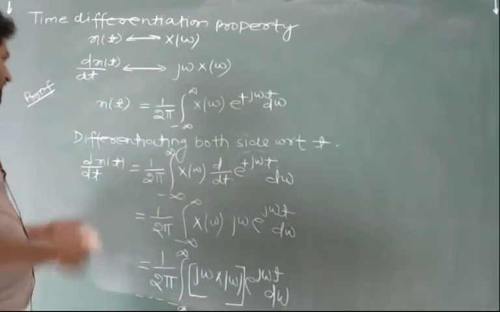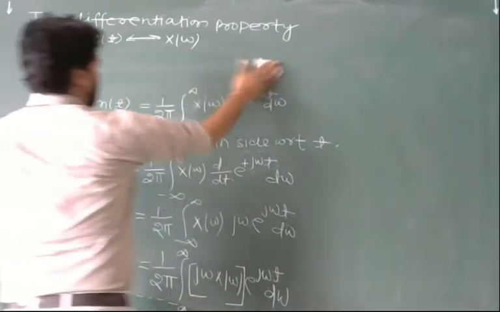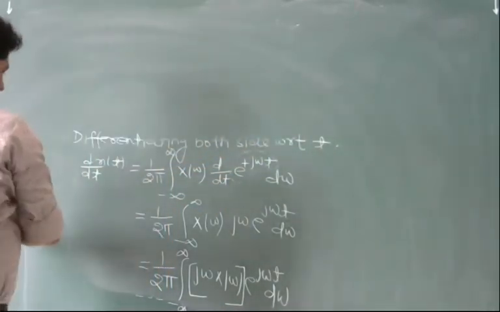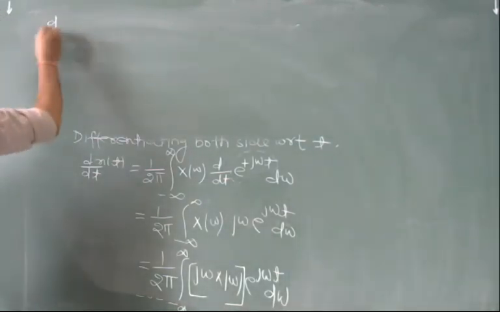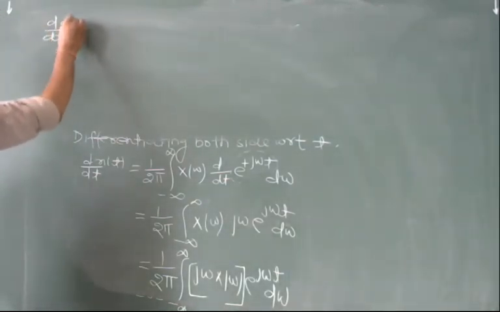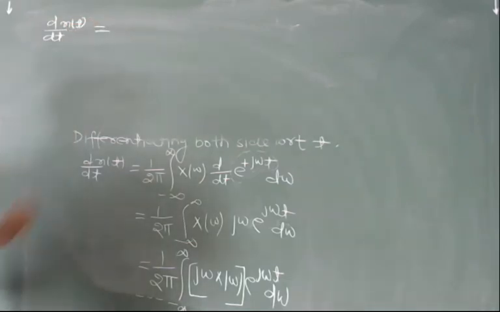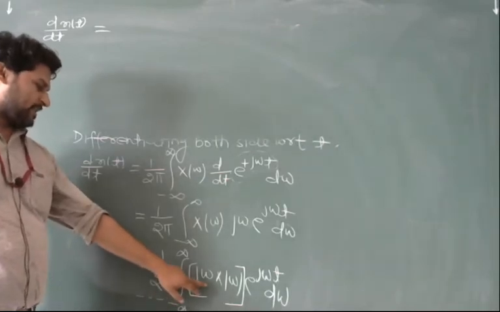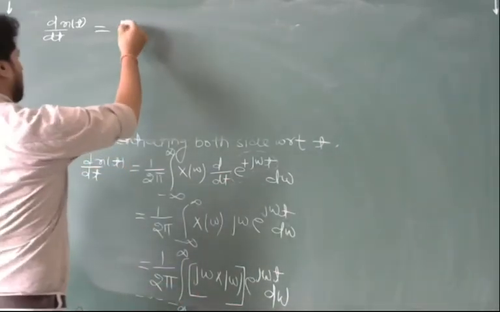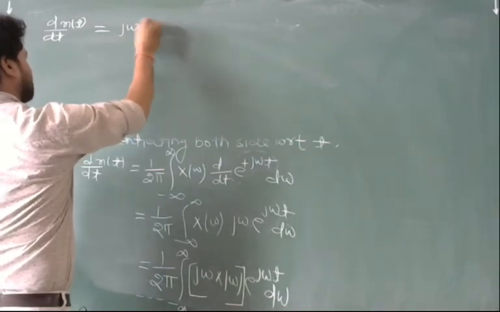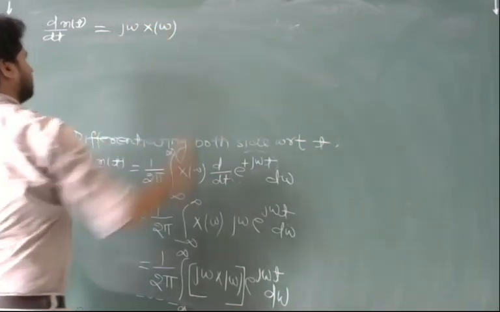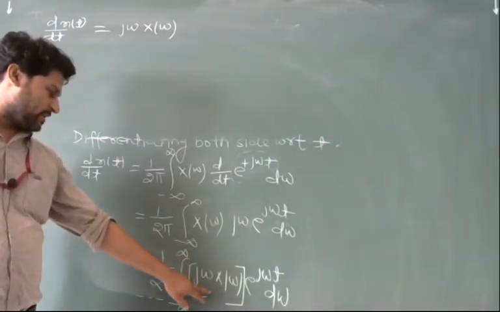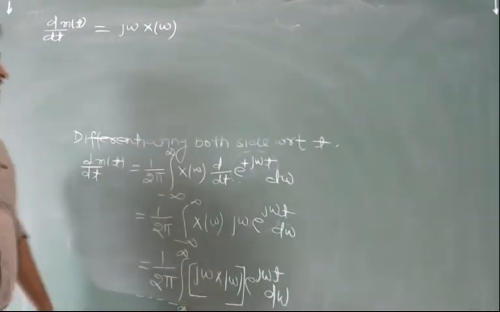On comparing with the standard result, we can write d by dt of x(t) is equal to j omega times X(omega), because in place of X(omega) here it is j omega times X(omega).